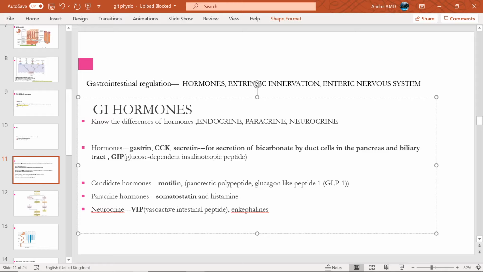And this one increases the blood flow of the intestine, and by that it relaxes the smooth muscle in the GIT. Yeah, that's VIP, vasoactive intestinal peptide.